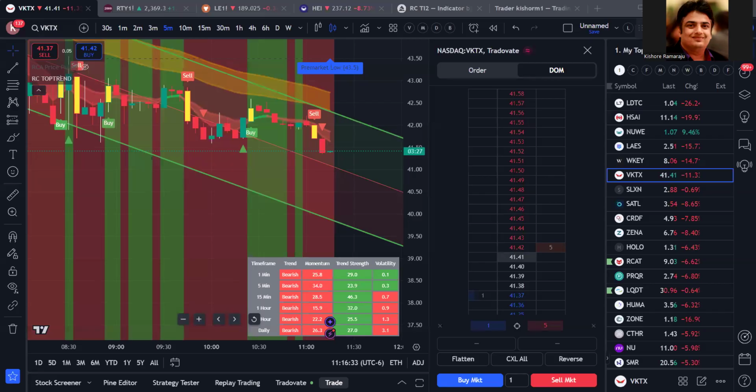What you can do for December 27: VKTX 40 put at 1.25 for 12/27.